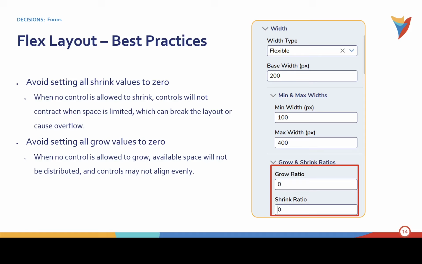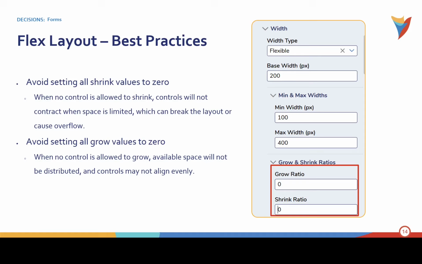If you set all shrink values to 0 and no control is allowed to shrink, controls will not contract when the space is limited, and it can break the layout or cause an overflow that was unintended. And you also don't want to set all grow values to 0 because if no control can grow, then available space is not going to be distributed and you can run into controls not aligning evenly.